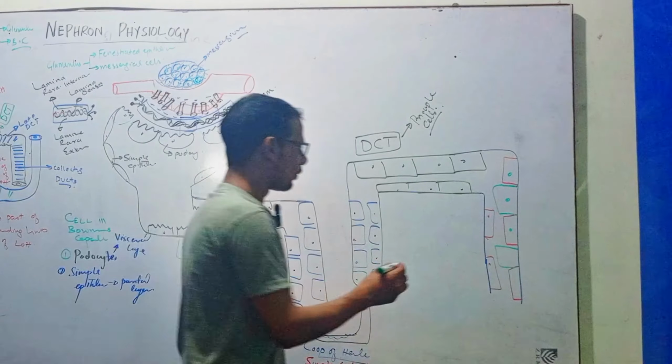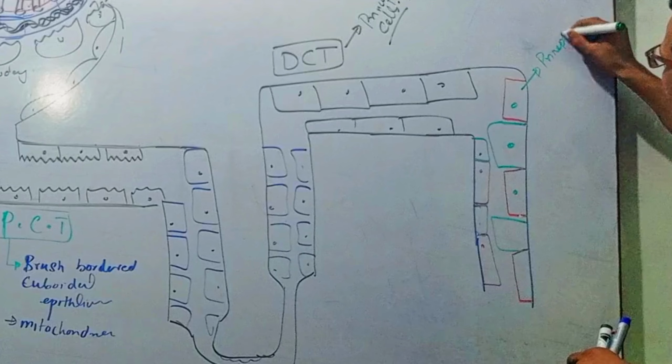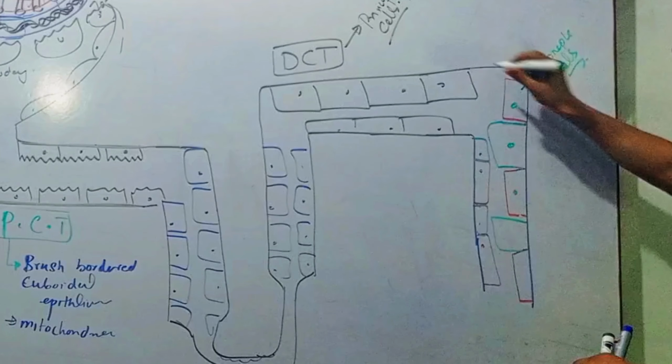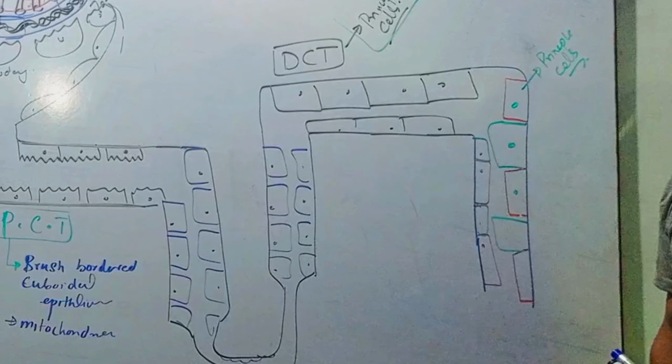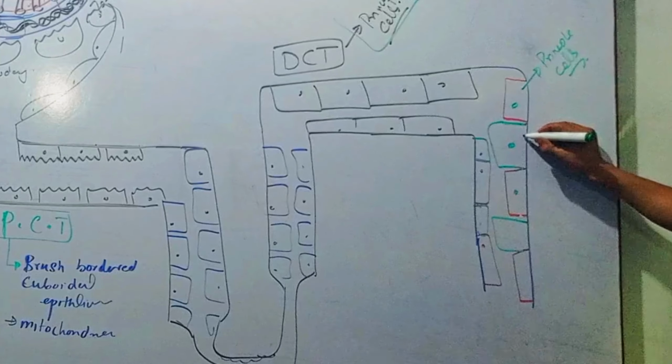So these red cells are called principal cells, and these green cells are called intercalated cells, type A cells, and these are called intercalated B cells, right? And in last it has simple epithelium which is highly permeable to urea, right?